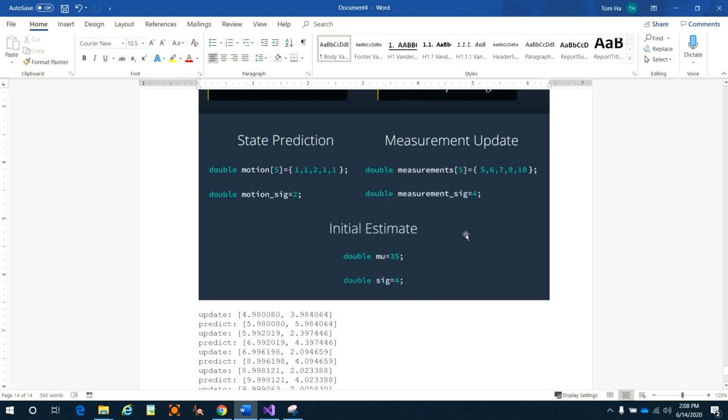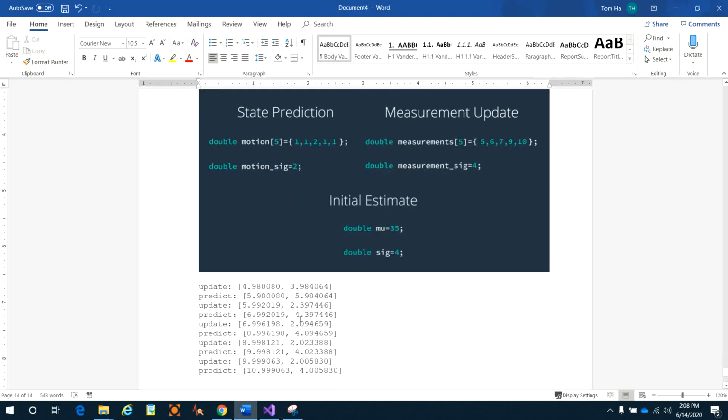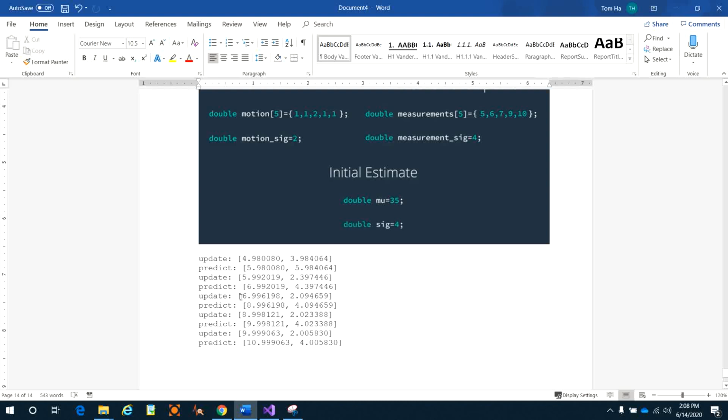They give you the new value, right here, and they continue the prediction. Now the robot moves 2 with an uncertainty of 2, so they get another prediction of the robot. But when the robot moves to 9, they correct this value and update the measurement right here.